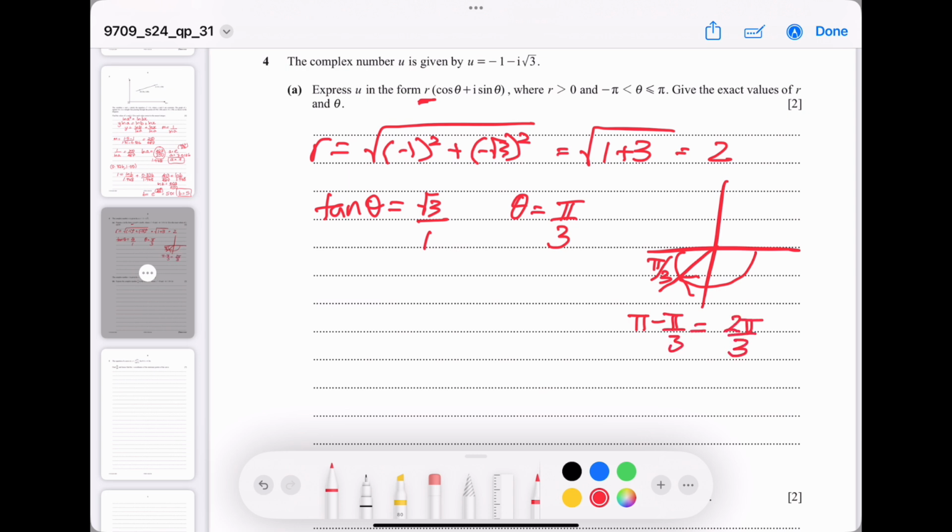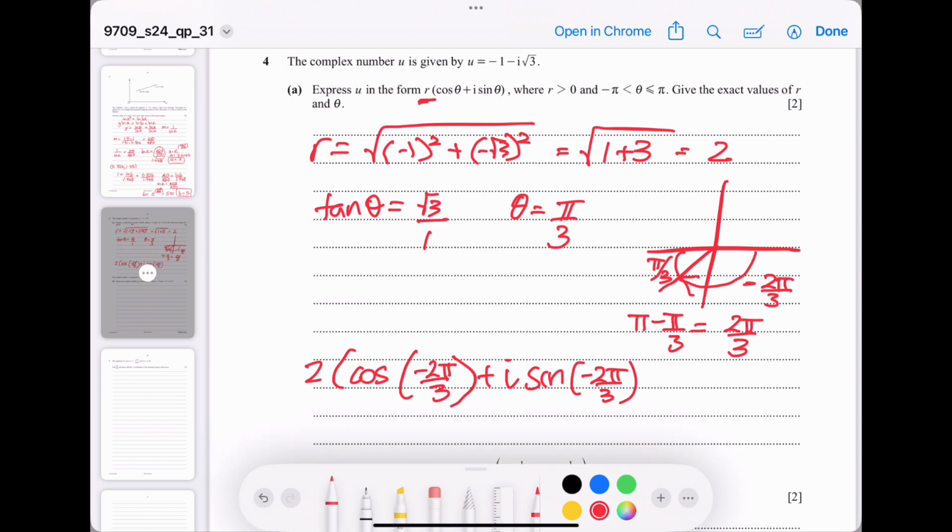And as I said, we know therefore it's negative because it's down below. So writing in that format, we've got 2 cos negative 2 pi over 3 plus i sine negative 2 pi over 3.